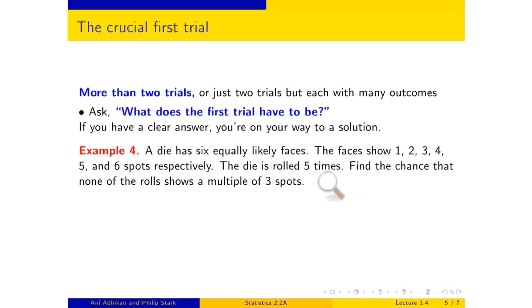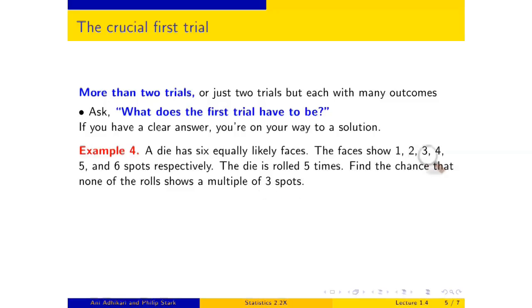If I look at that, that sounds like a complicated statement. But we just take it one trial at a time. What does the first trial have to be? What's a trial? A trial is a roll here. What does the first roll have to show you? Well, it better not show you a multiple of 3 spots.